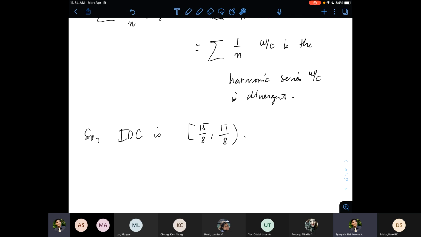So that's why it's important to always check at the endpoints, because they are independent of what happens in the interior and also of each other. So make sure to check the convergence of the series that you get if you plug in the endpoints of your interval. All right.